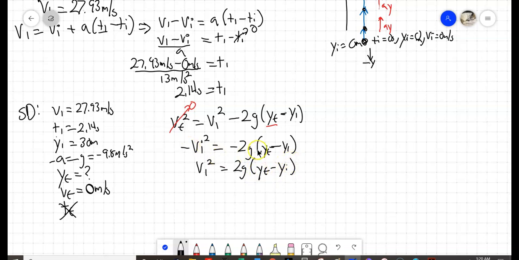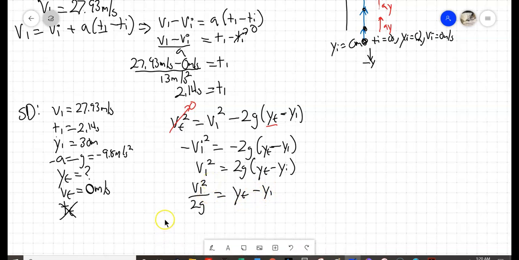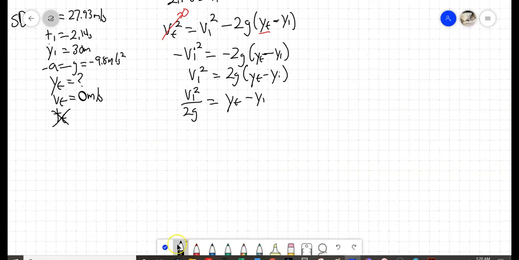I just multiplied both sides by a negative 1 and made both of those positives. And now I'm going to divide both sides by 2g. And then we get y final minus y1. And then I'm going to add y1 to both sides. So v1 squared over 2g plus y1 is equal to y final.